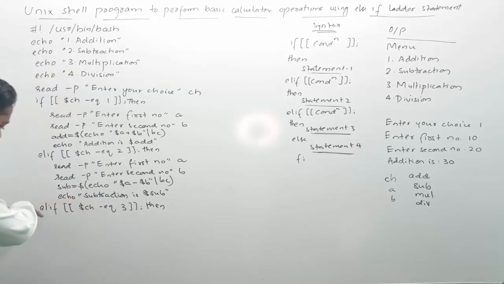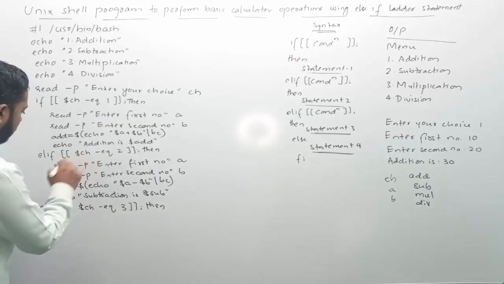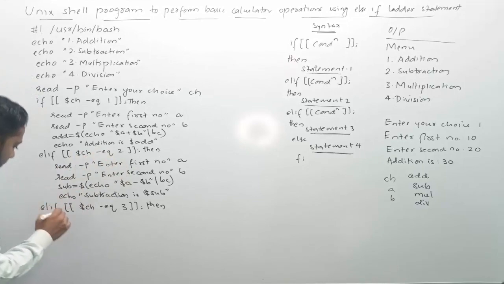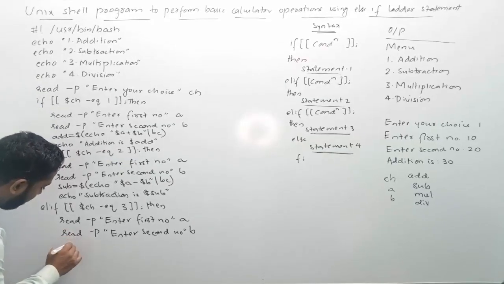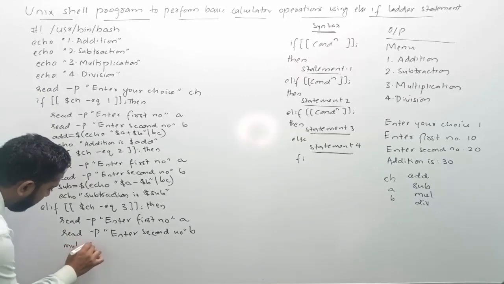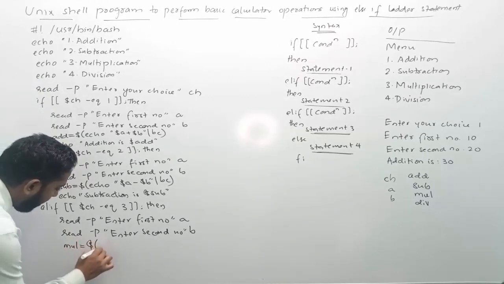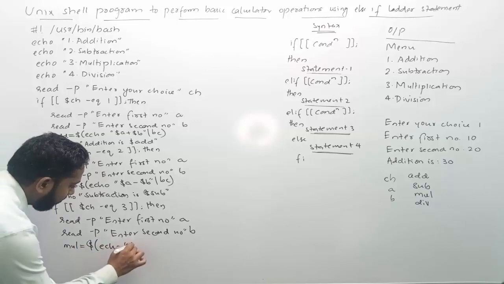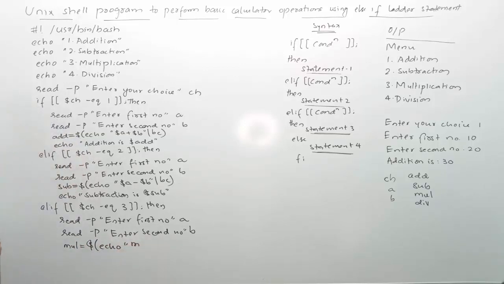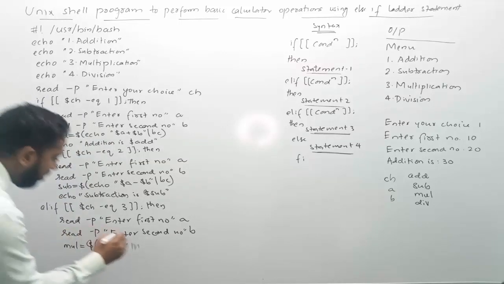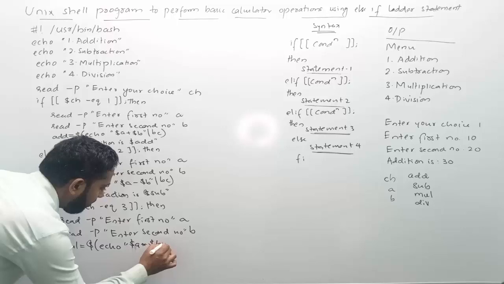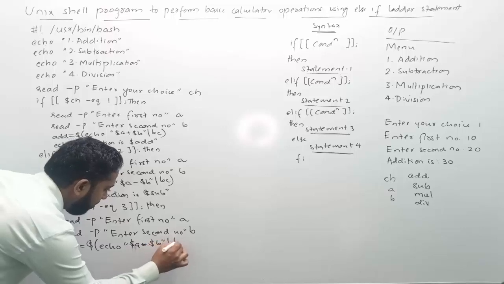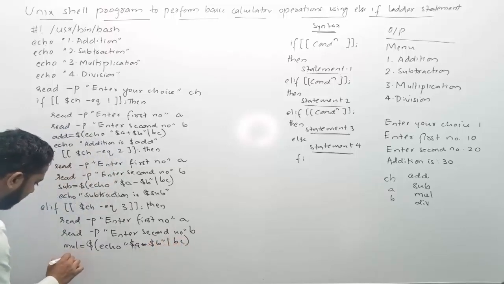That's why control will come inside this elif block to ask for these two numbers. Number b. Next mul=$(echo "$a * $b" | bc).